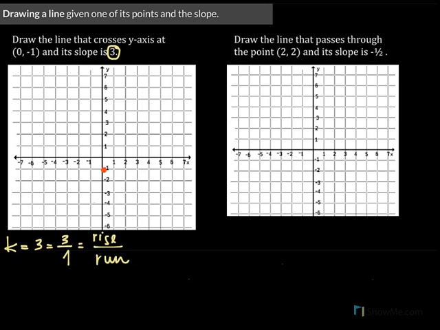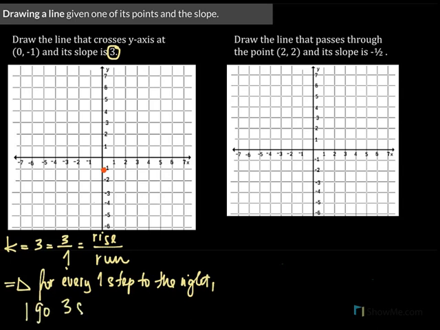So this slope would be interpreted that for every 1 step to the right, the rise is 3, so I go 3 up. And this is for all the points.